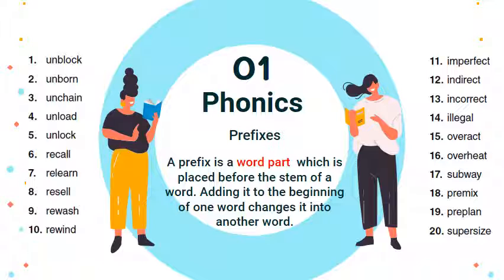Examples of words with prefixes: unblock. Here we added the prefix "un" to the word block, so block is the root word and "un" is the prefix. Unborn, also the same. Born is the root word and "un" is the prefix. Unchain, chain is the root word and "un" is the prefix.